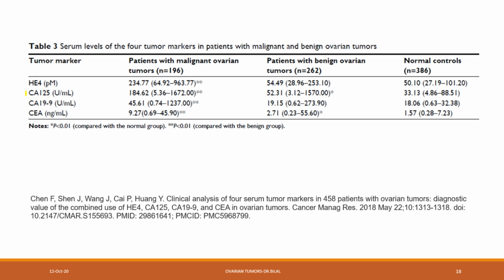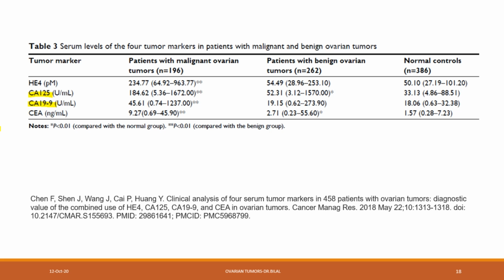Before that, you may want to perform some serum markers, and you see the percentage of serum markers that are detected in high amounts in the serum. Remember, of these, CA125 and CA19-9 are very important ones that are mentioned sometimes in the scenarios.